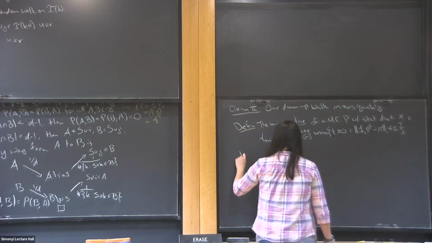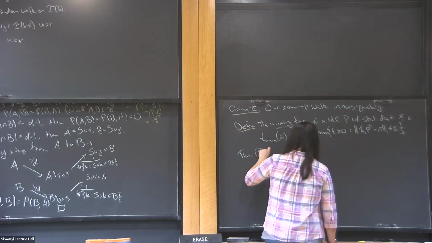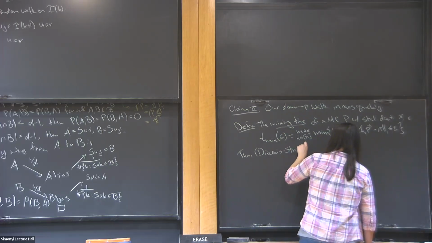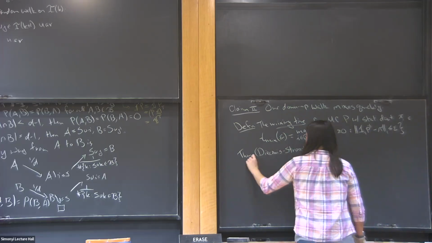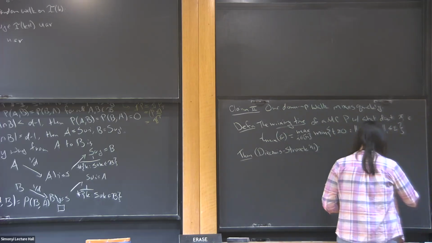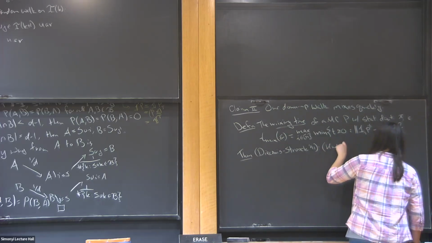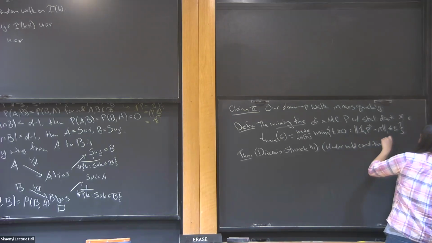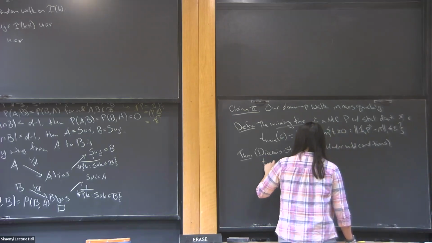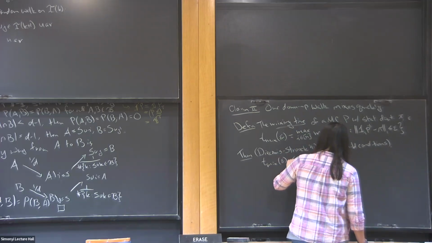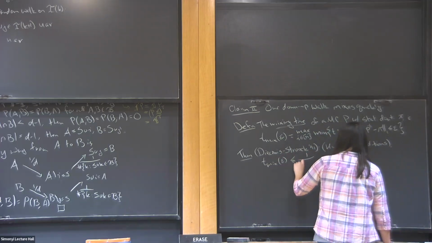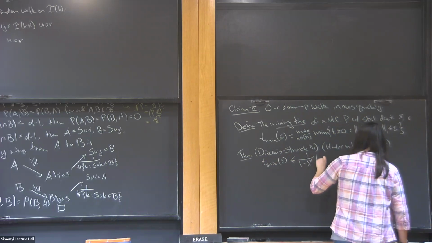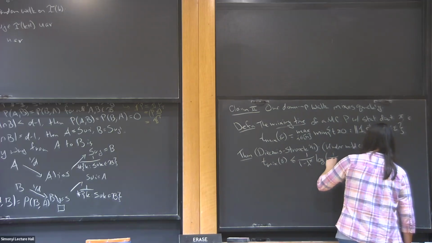And so there's a theorem from Diaconis and Stroock from the 90s that says, under some conditions, which are basically the same conditions that we were talking about before, T mix of epsilon is less than or equal to 1 over 1 minus lambda star, times the log of 1 over epsilon pi star.